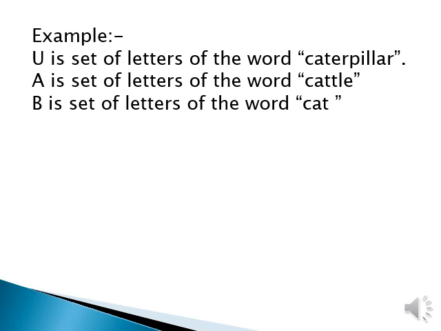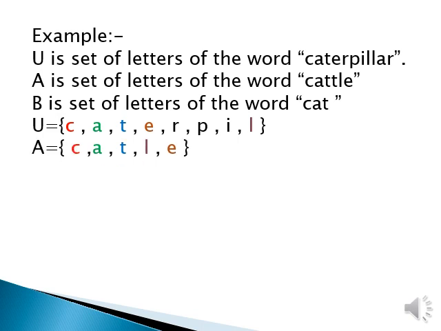Now these three sets can be represented in the listing method as: U is the set of alphabets C, A, T, E, R, P, I, L. In this we have not mentioned the repeated elements twice. A is the set of letters C, A, T, L, E, and B is the set of letters C, A, T.